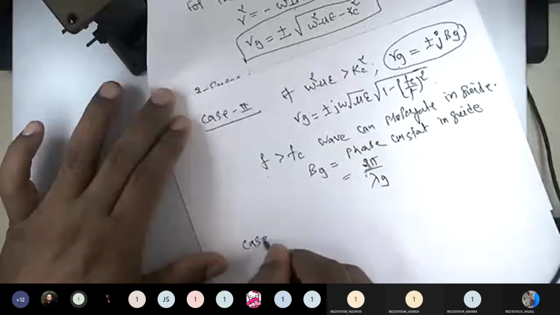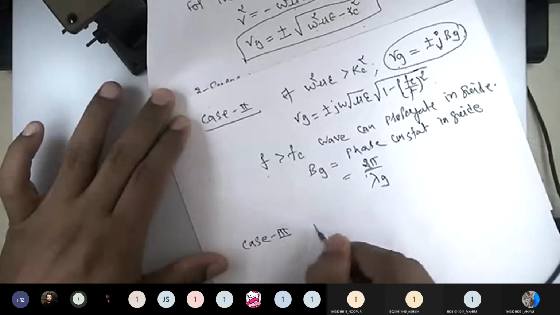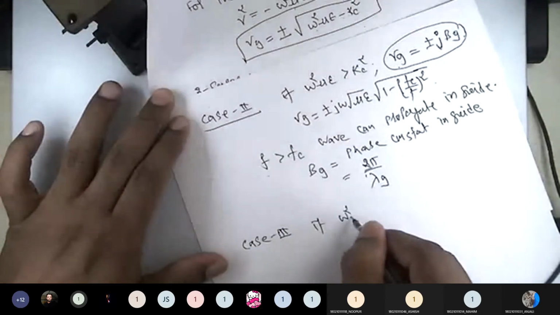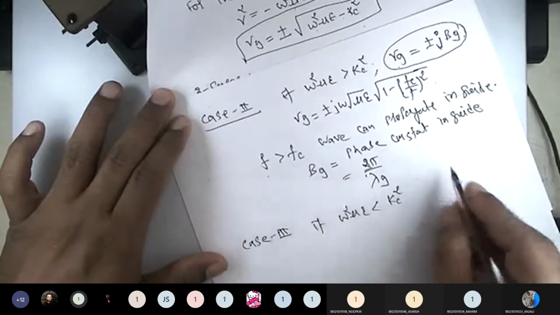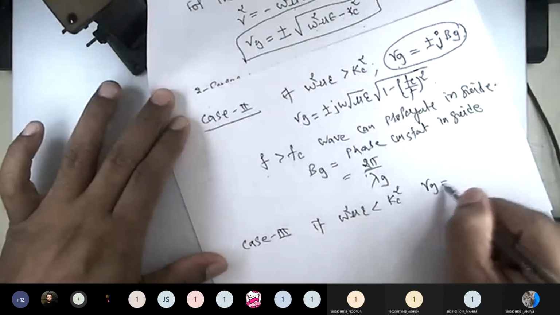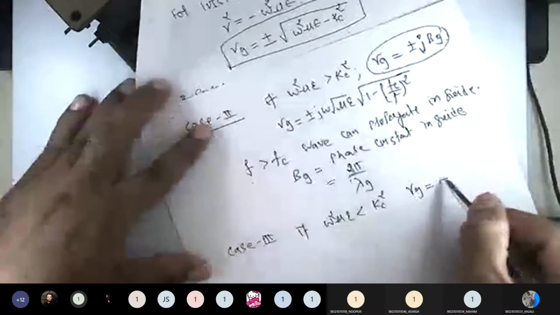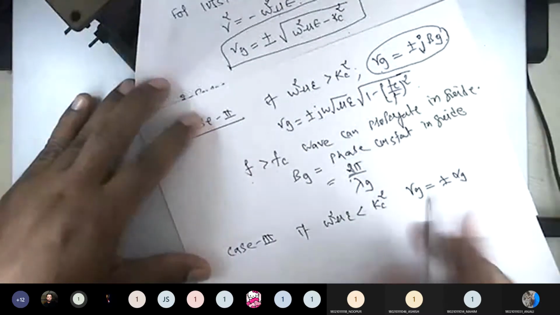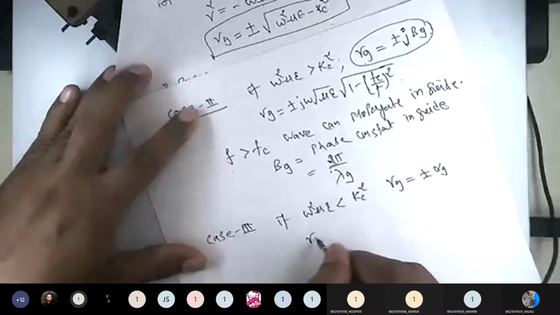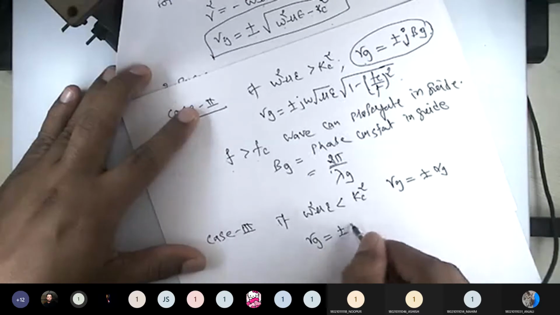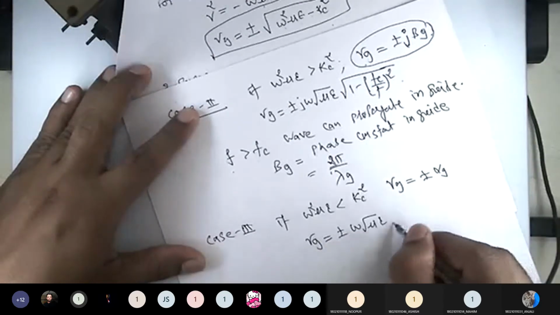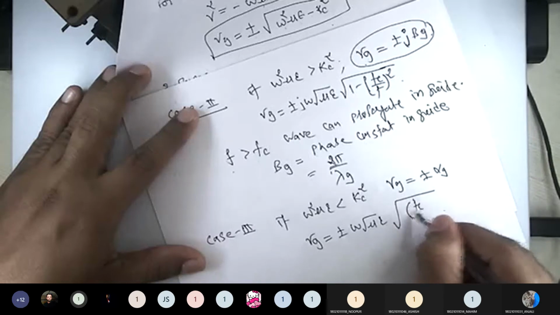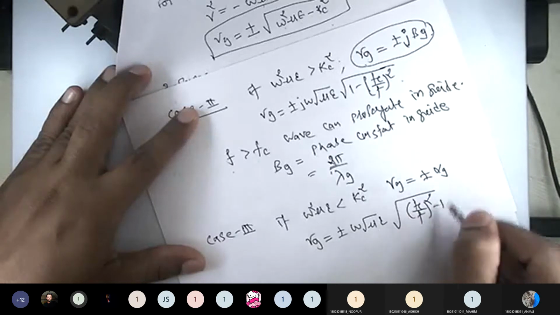And if we see case 3, where omega square mu epsilon is less than kc square, then we will see that this gamma g will become only the attenuating term. So it will become only alpha g, and gamma g will become plus or minus omega, in bracket mu epsilon, and then in bracket fc over f whole square minus 1.